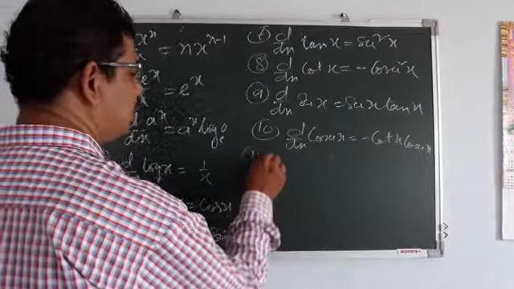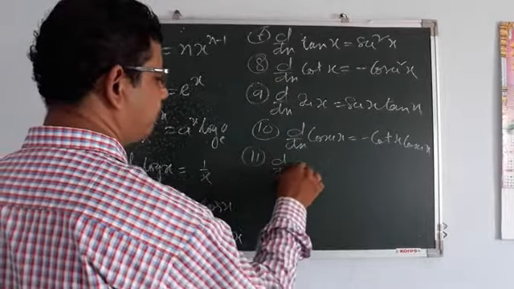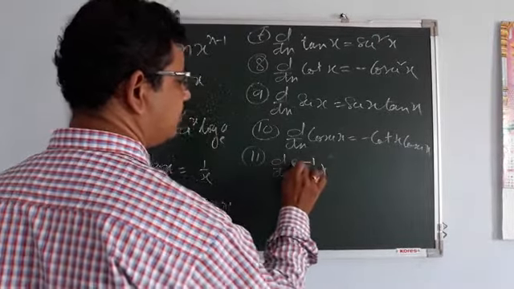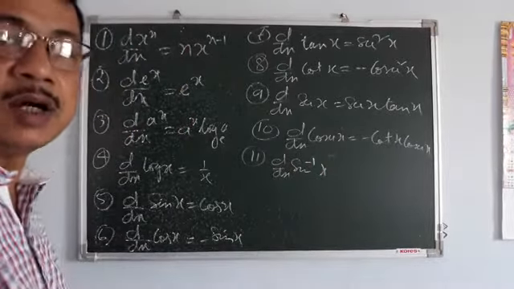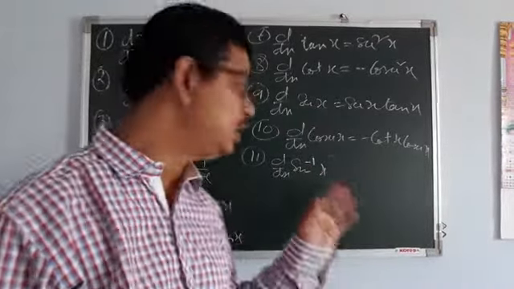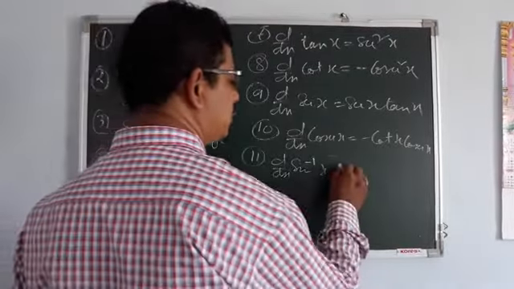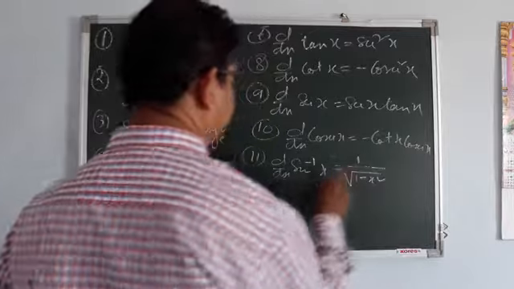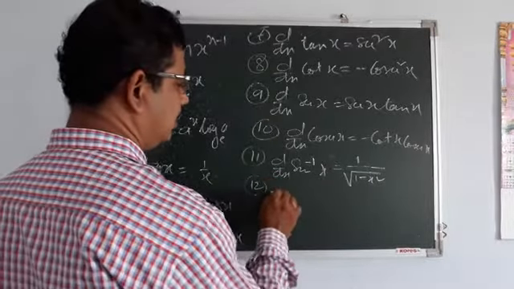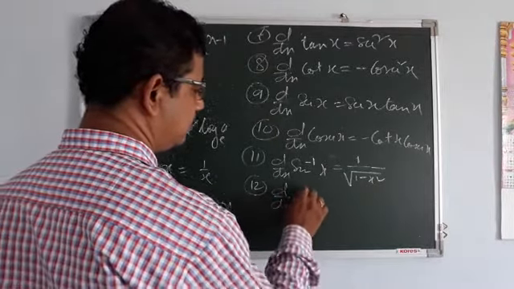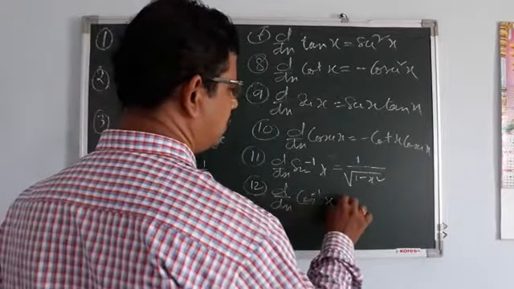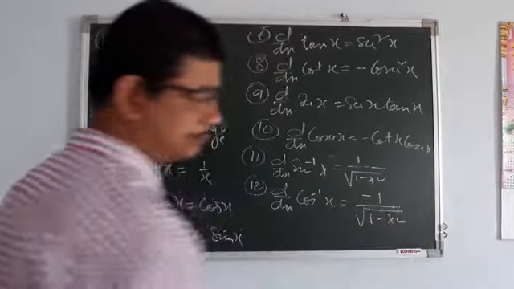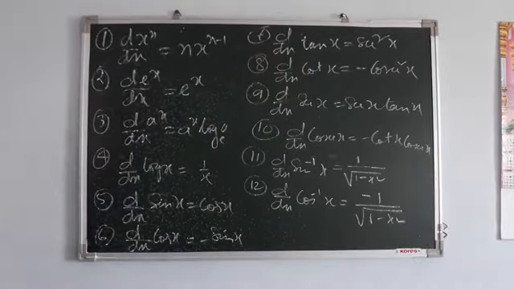Then we know the inverse also. We have knowledge of inverse trigonometric functions from chapter 2. Differentiation of sin inverse x is 1 by root over 1 minus x square. Differentiation of cos inverse x is minus 1 by root over 1 minus x square.